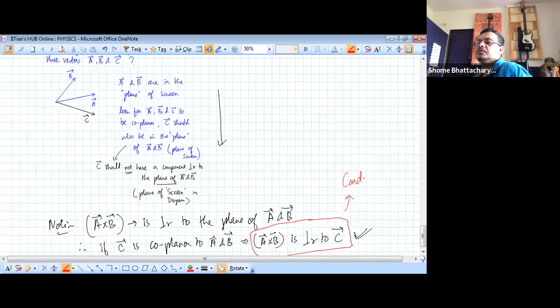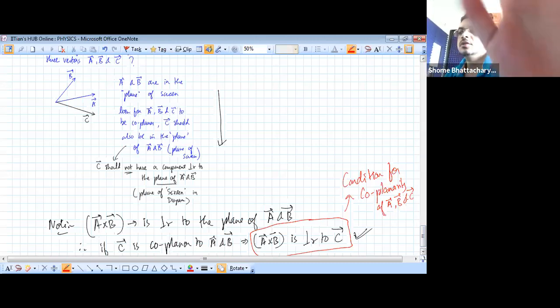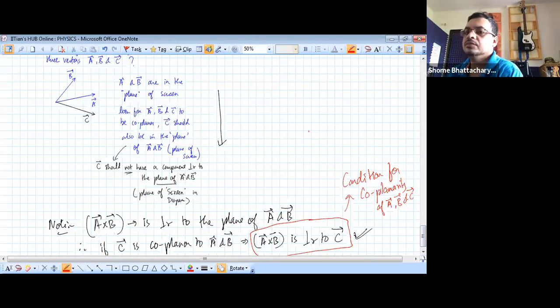This is how we check if given vectors are coplanar or not. So just apply this concept now to the three given vectors A, B, and C in question 12. Just apply that condition and you will get the answer. Okay, so note this down and try applying this method yourself.